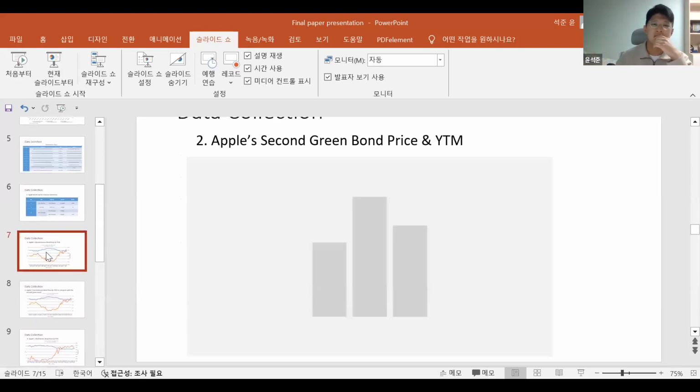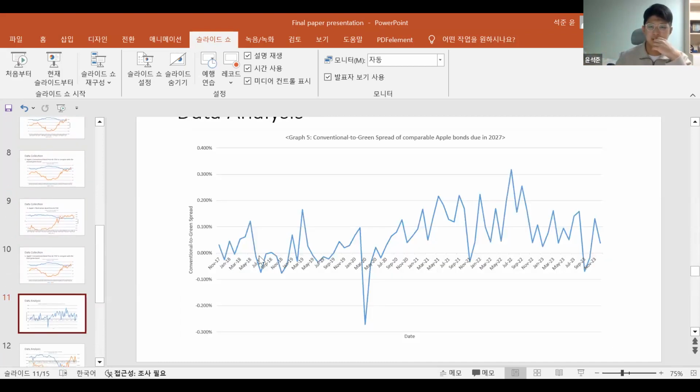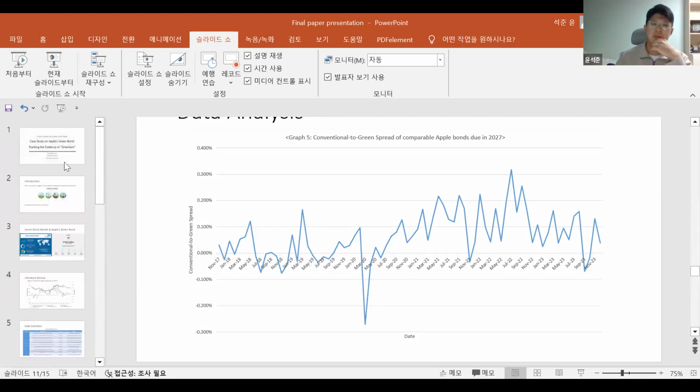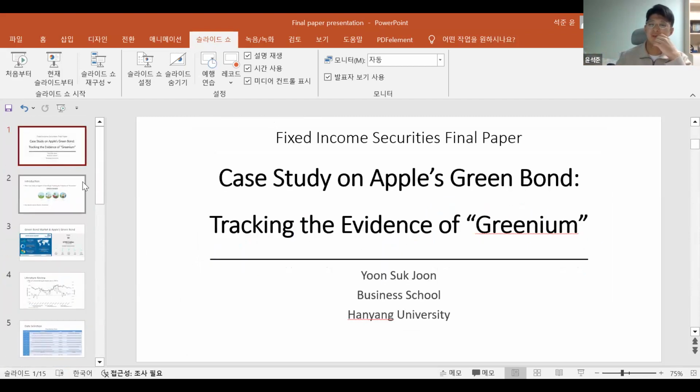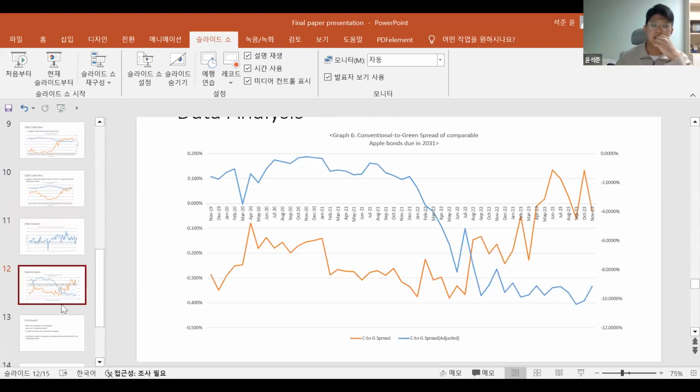But even looking at the second green bond, the conventional to green spread did not show as much as I expected. So the paper was all about tracking the evidence of a greenium, but the conclusion was that there was still scarce evidence of premium.